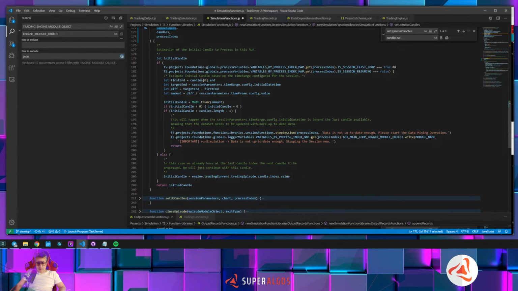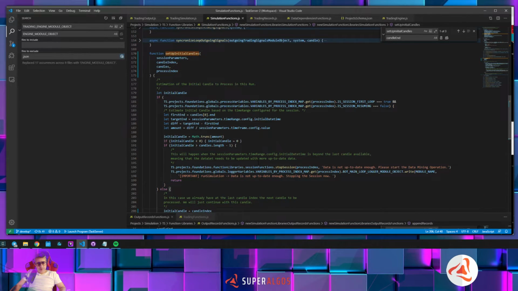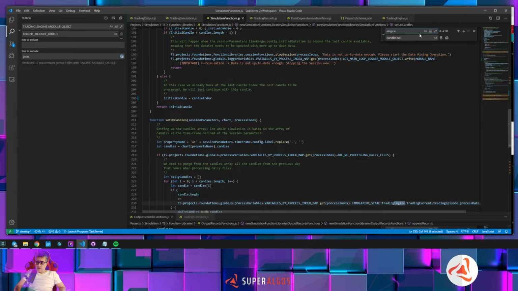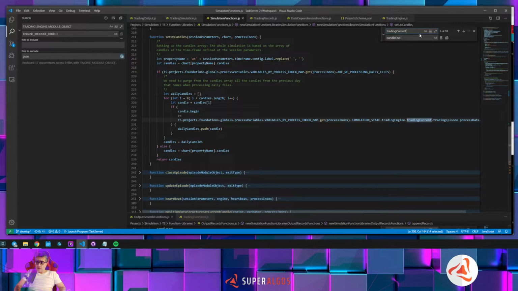So all these will be candle index, and that should do the trick. Okay, so trading current 18 now.